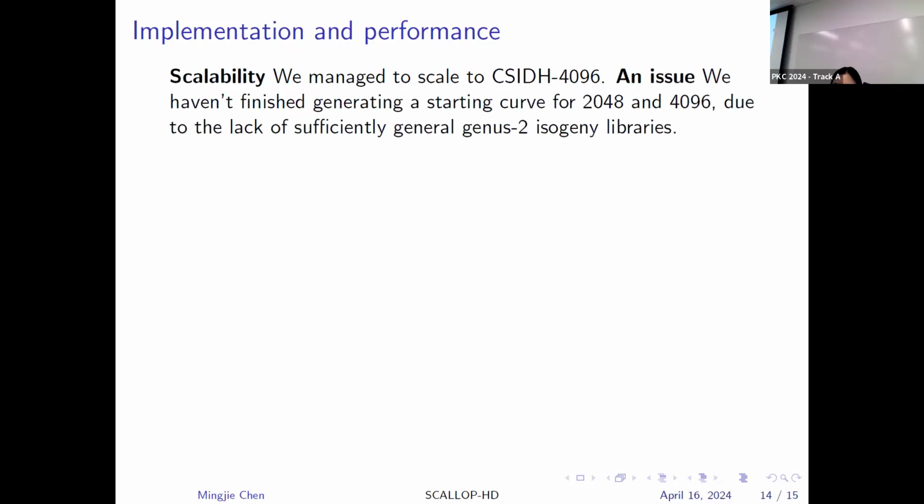There's a tiny issue: while we completed all three stages in the offline phase, we haven't finished generating a starting curve for the bigger parameter set due to the lack of a sufficiently general genus 2 isogeny library. It's a very recent research area, and there is still some work to be done. But there is nothing to worry about, because in theory, everything is polynomial.